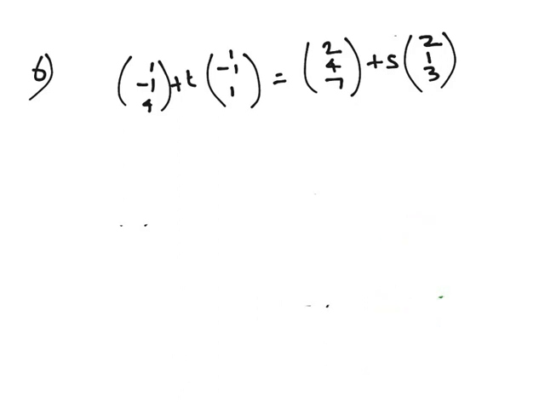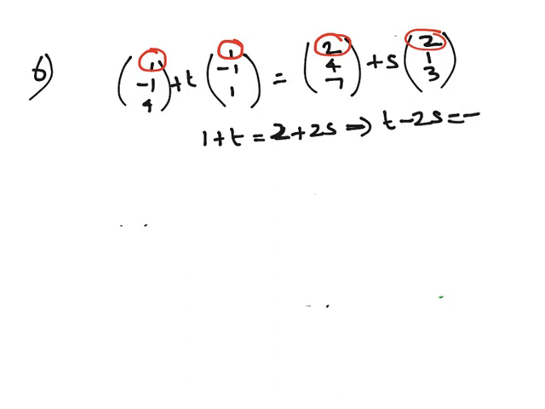So the next step is equating, getting three equations. So the first one is 1 plus t equals 2 plus 2s. Right? 1 plus 1t equal to 2 plus 2s. So this will give you t minus 2s equal to 1. So I'll take it as equation 1.